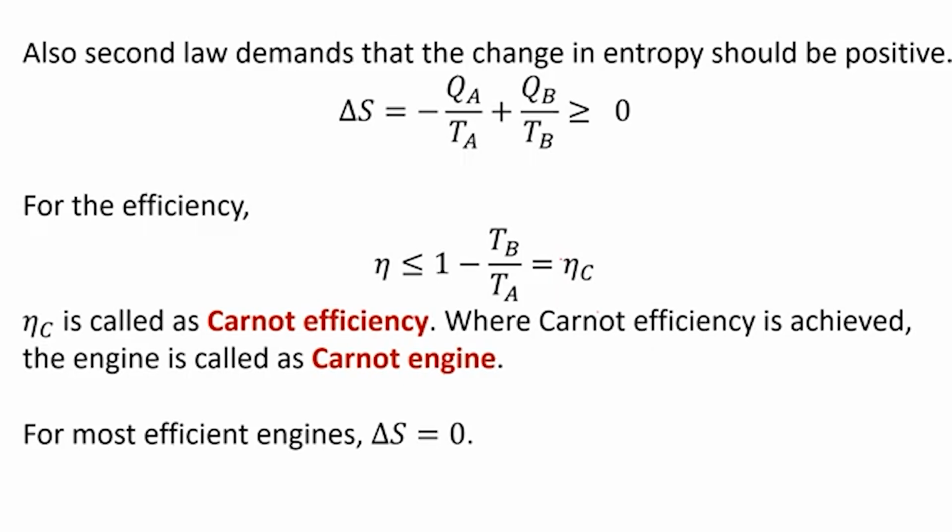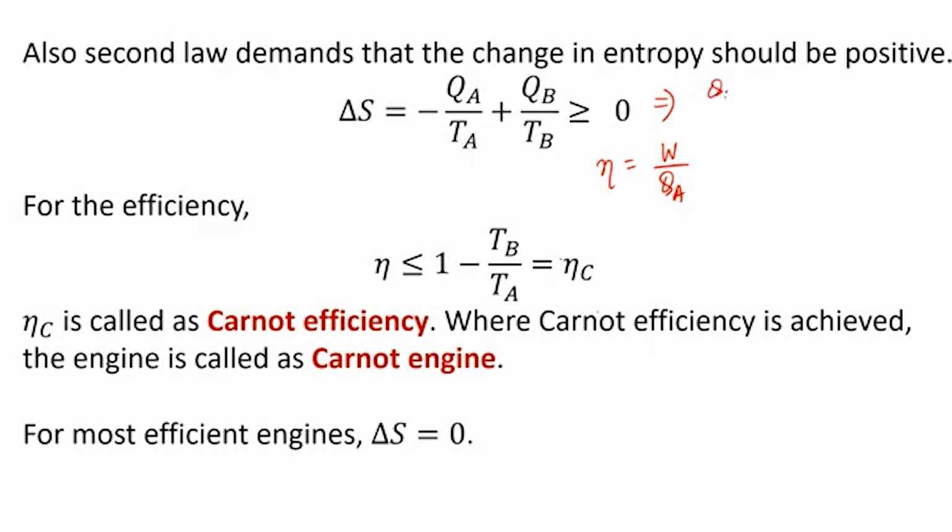Now, one can easily calculate what the efficiency is. So, efficiency is given by W over Qa, which is what we have seen here, and then one can take this equation and find out the relation between these.